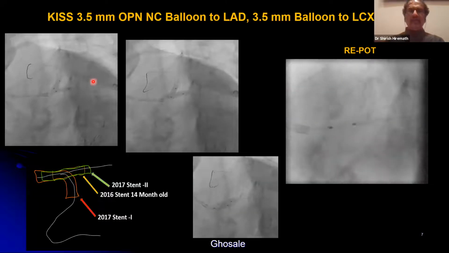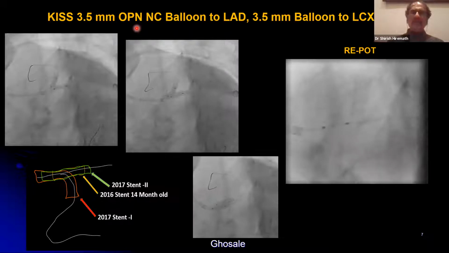So when we take this patient for angioplasty, we had to prepare the bed aggressively. So this is an OPN balloon. We will talk about this OPN-NC balloon, which is a very high pressure balloon. It can take pressures like 45 and 50.